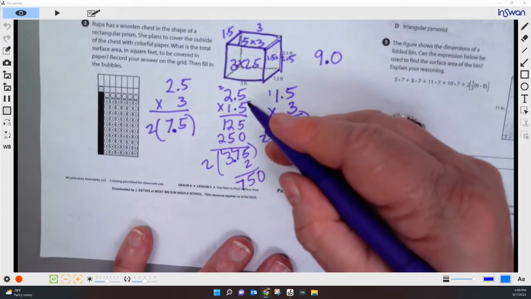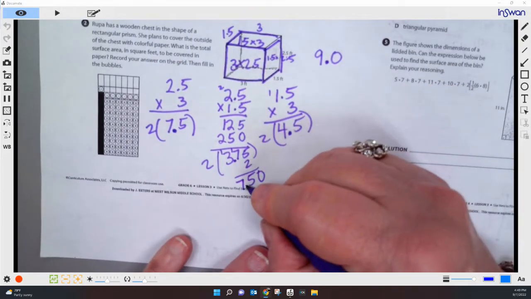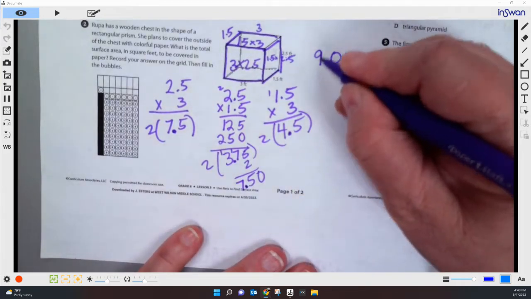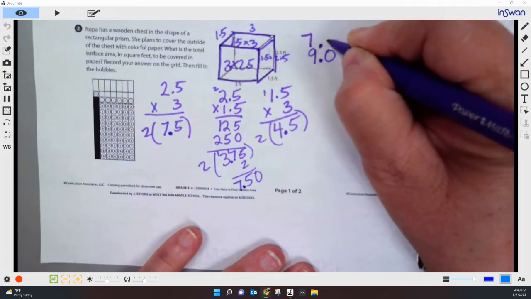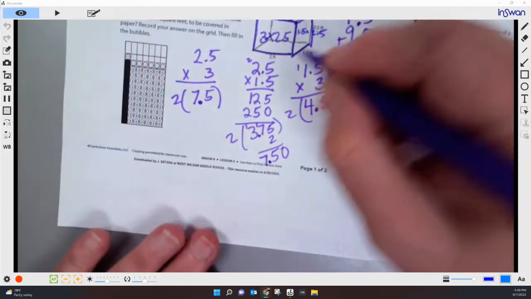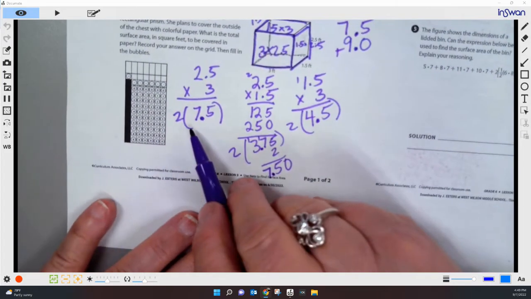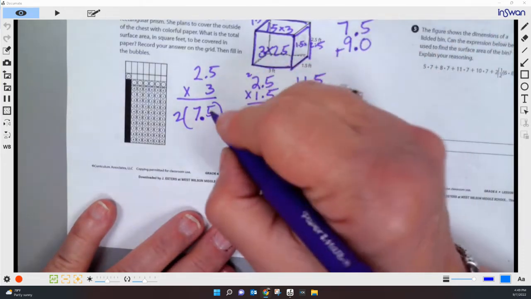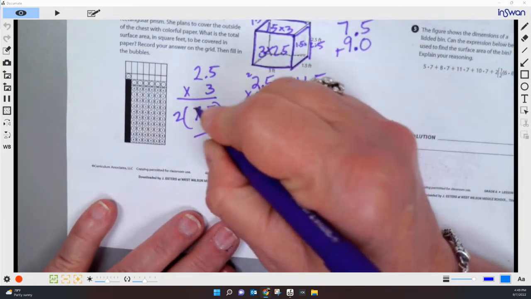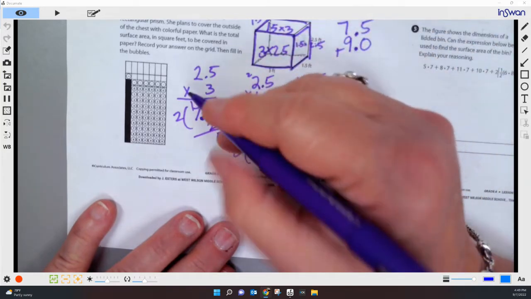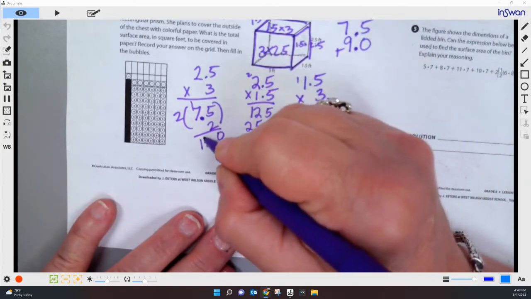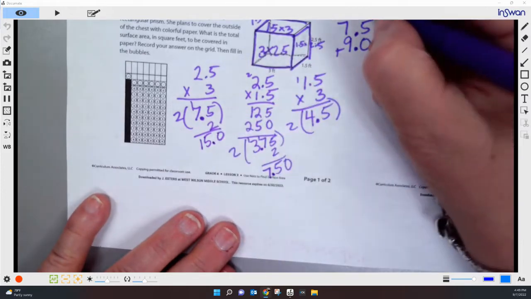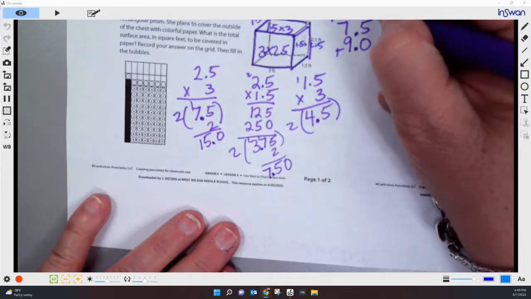And I have 2 decimal places, so that's going to be 7.5. And the last one, I have 7.5 times 2. 2 times 5 is 10, carry the 1. 7 times 2 is 14, plus 1 is 15. 1 decimal point, so that's going to be 15.0.